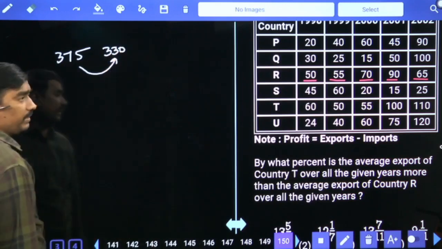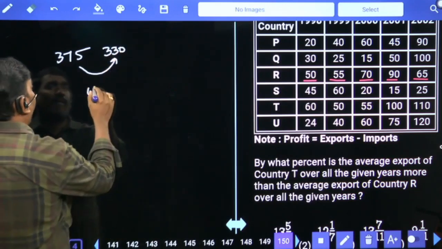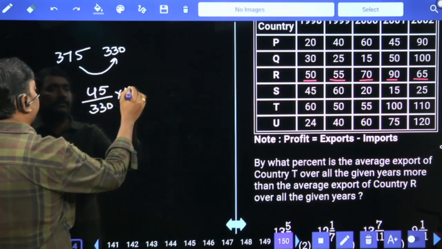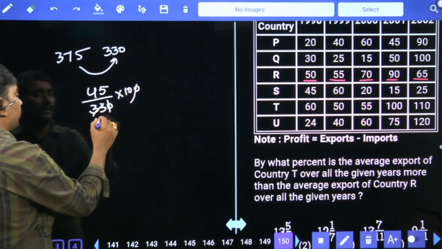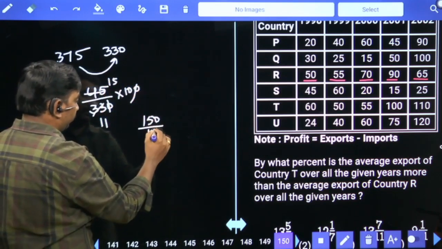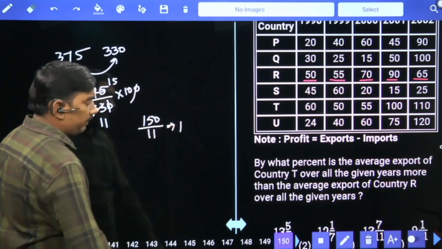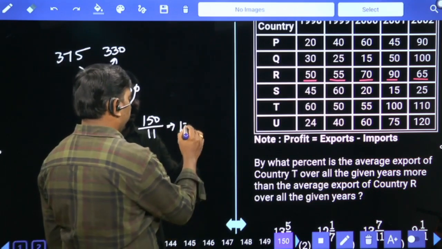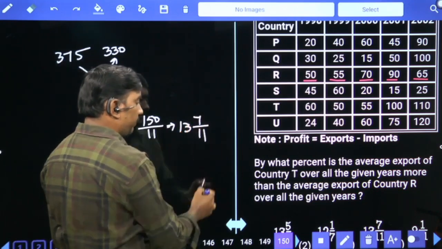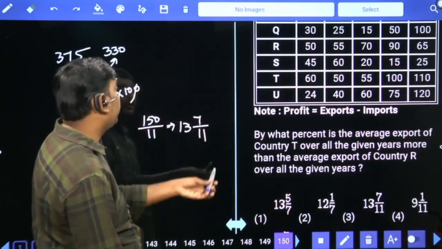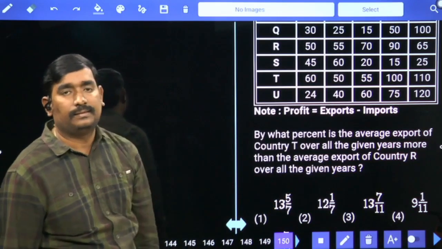Okay, so the difference is 45 by 330 into 100. 3 15s are 150 by 11. 11 1s are 11, 40. 11 3s are 33. 13 7 by 11%. Third option is your answer.